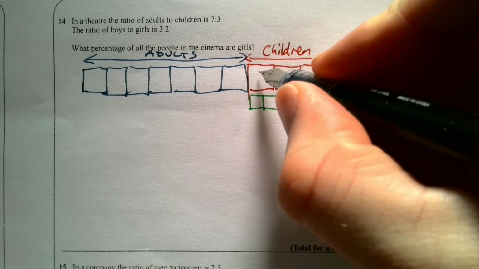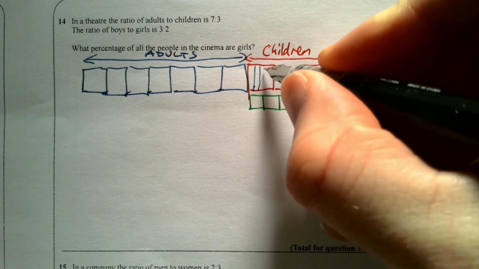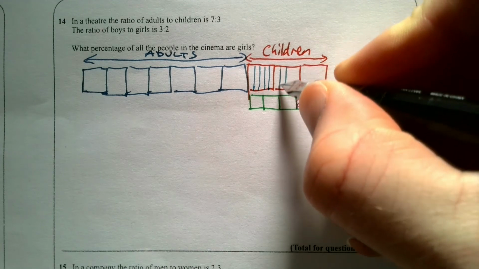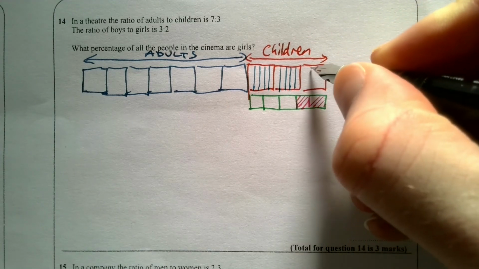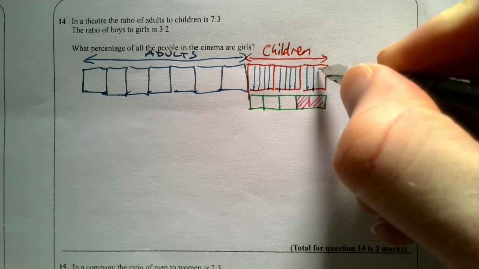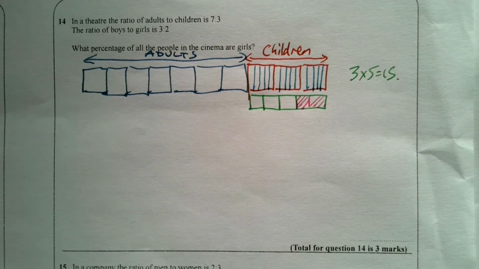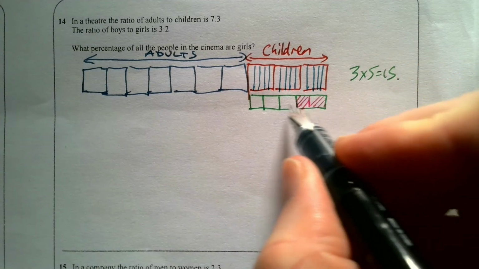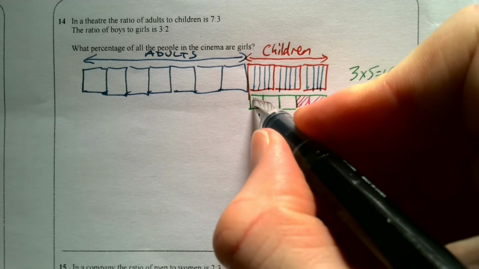So if I do that here, 1, 2, 5, another 5, another 5. What I've now got is 15, and if I were to do each one of these into 3, that's also 15.